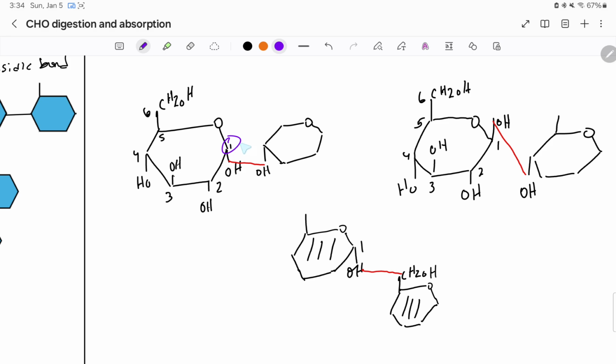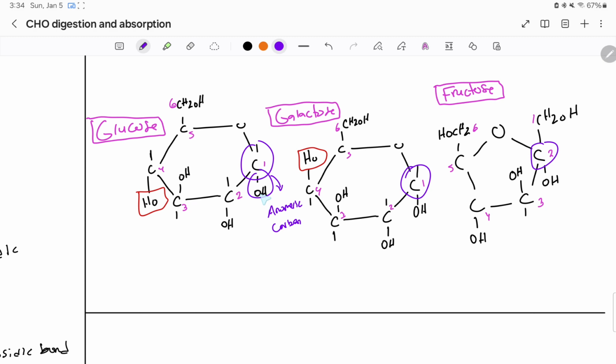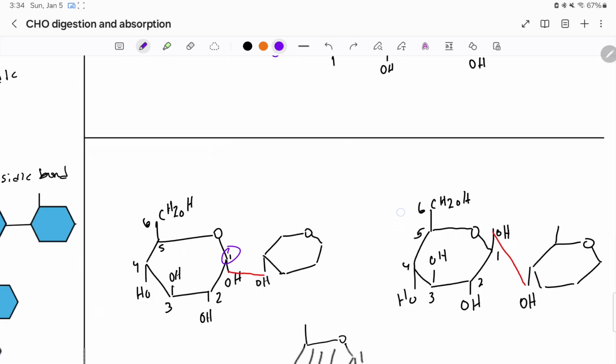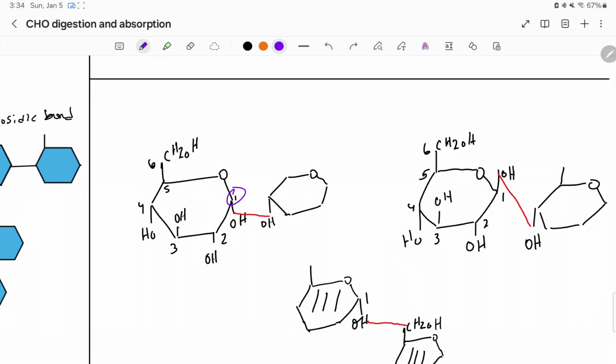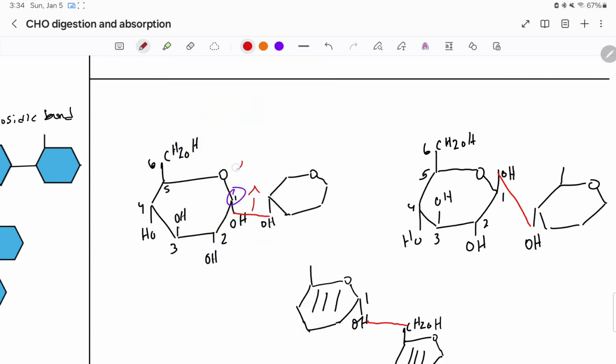And I said the anomeric carbon has a hydroxyl group attached to it. Remember? There's that hydroxyl group here. The position of that hydroxyl group is going to determine what we call this bond. So if the hydroxyl group is pointing down, as it is in this scenario, we call it an alpha 1,4 glycosidic bond, okay?